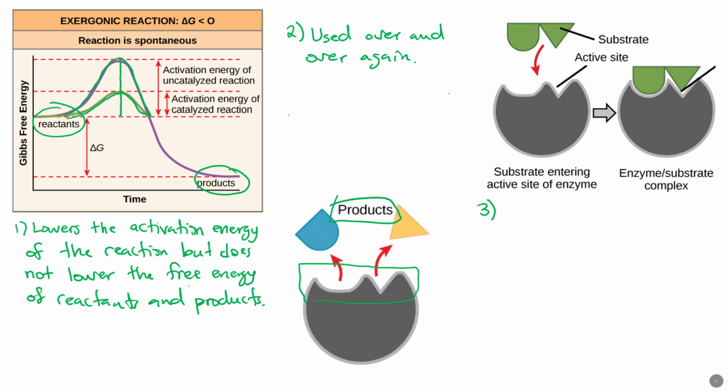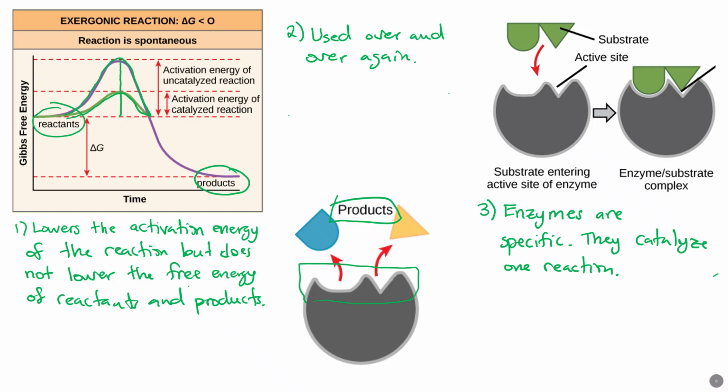The third one is that the substrate has a very specific spot, and so enzymes are also specific. They catalyze one reaction. It doesn't mean that only one substrate can bind there.